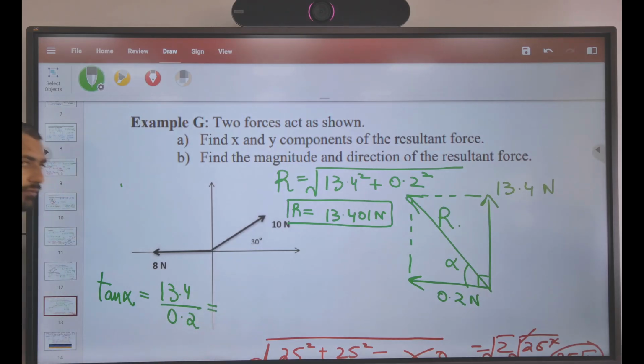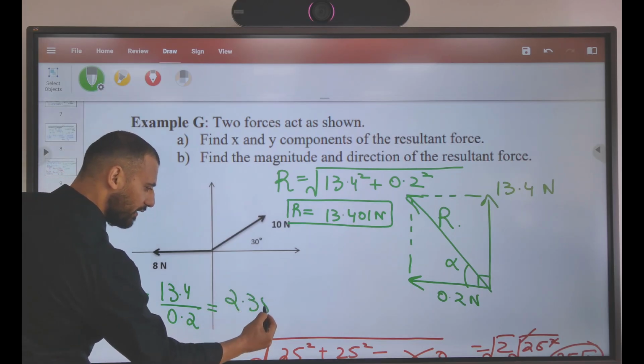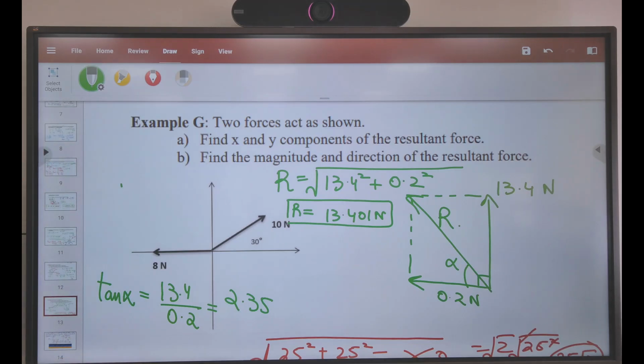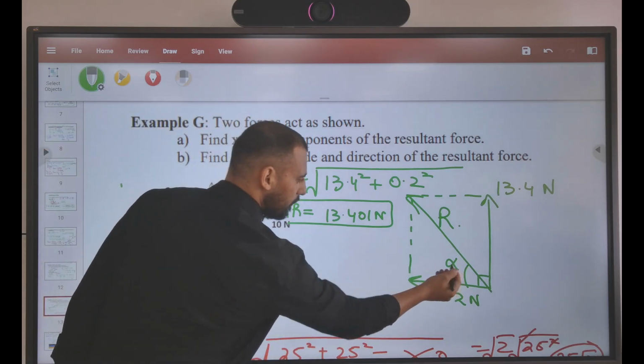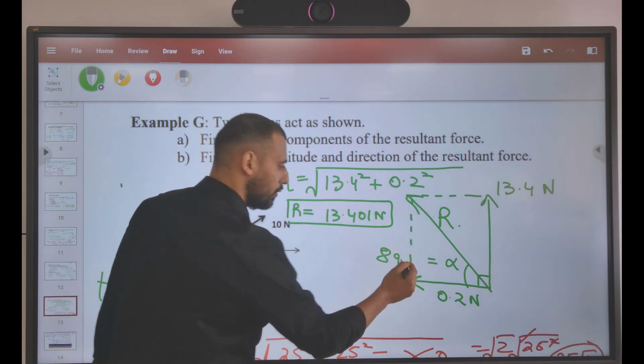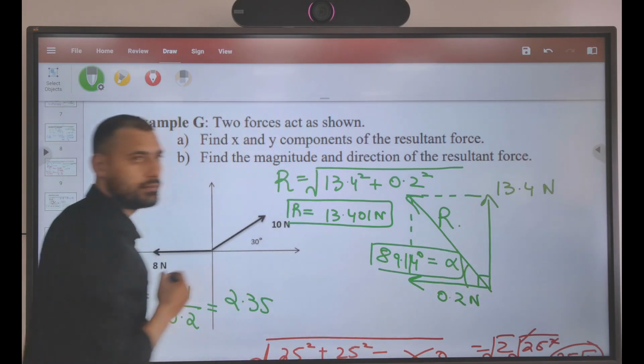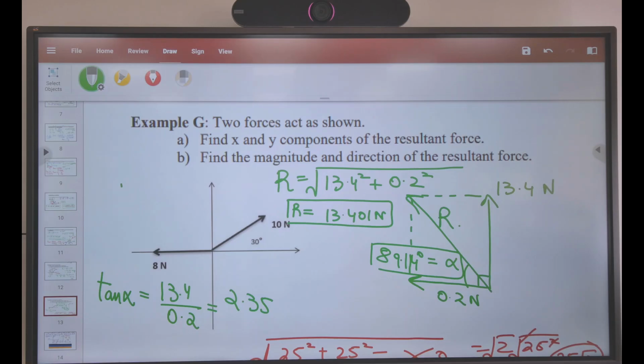What is the value? 2.35. Is it? That is the angle. So that means this alpha is 89.14 degrees. So this is the angle. Is that clear? Is that fine?